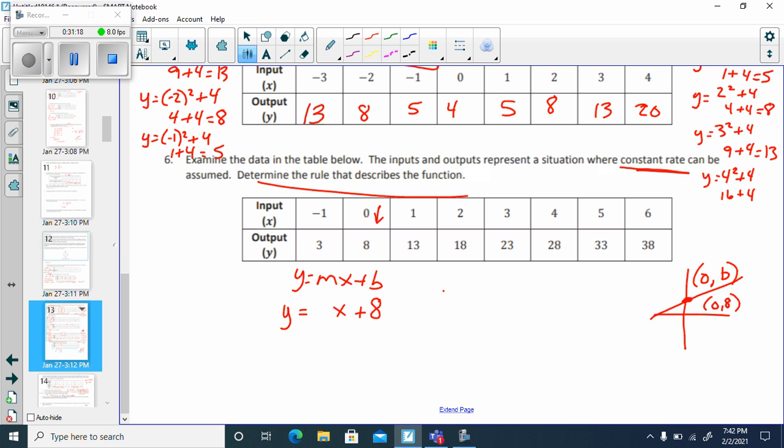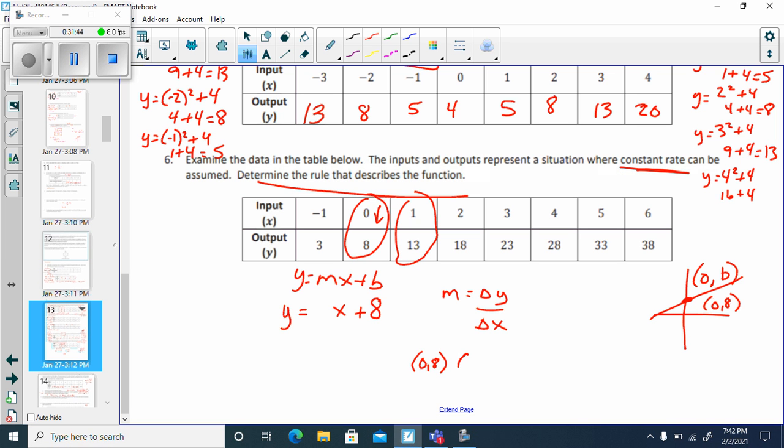What we know about our m, our slope, is it's change in y over change in x. Let's pick 2 points. Doesn't matter which 2 points. I'm going to pick this one, just because they're the smallest ones that don't have negatives to them. We know this data point is 0, 8.